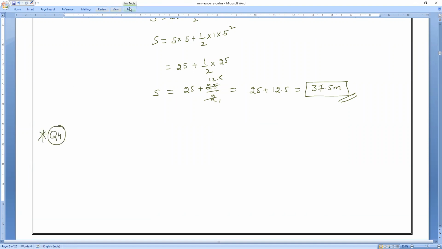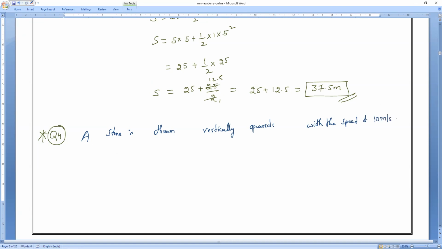Is it correct, everybody? Question number 4. A stone is thrown vertically upwards with the speed of 10 meter per second.